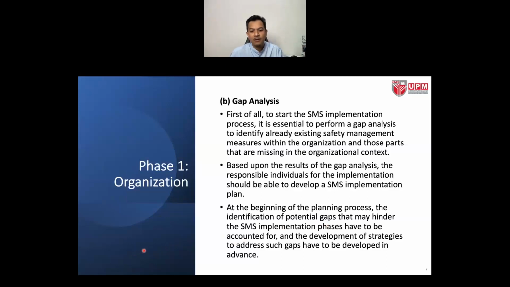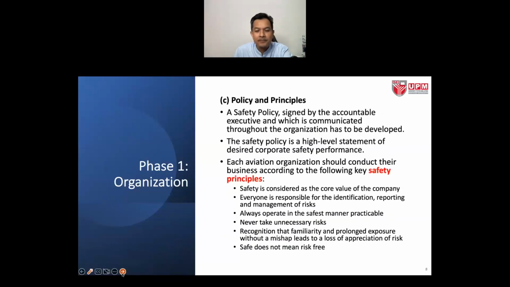You must try to identify what the hurdles are, what things are lacking, what the gaps are, and what may hinder the implementation, and the strategy to address such gaps has to be developed in advance, right?